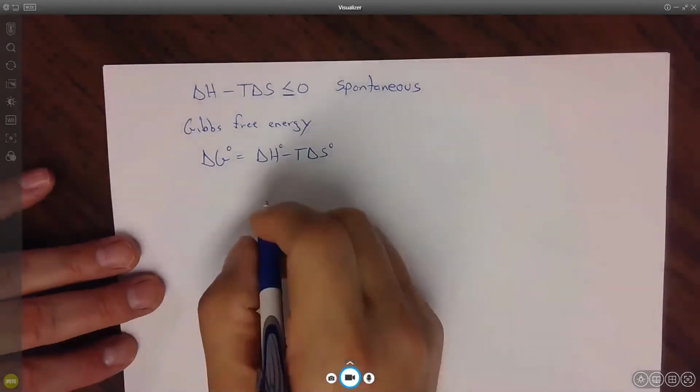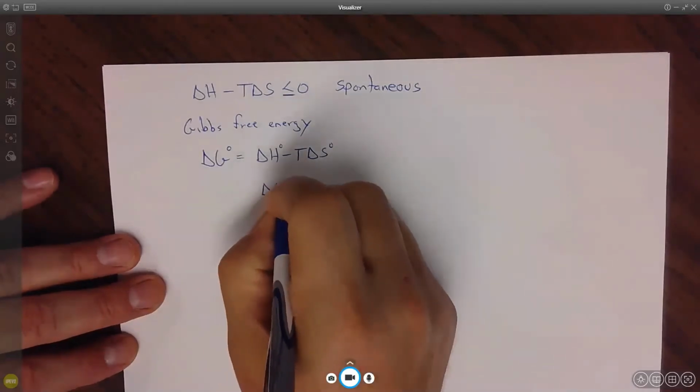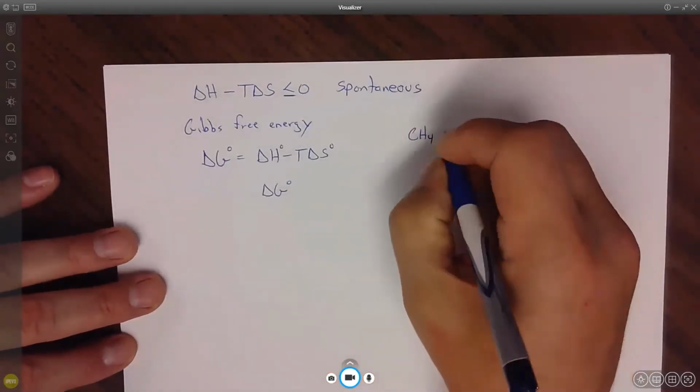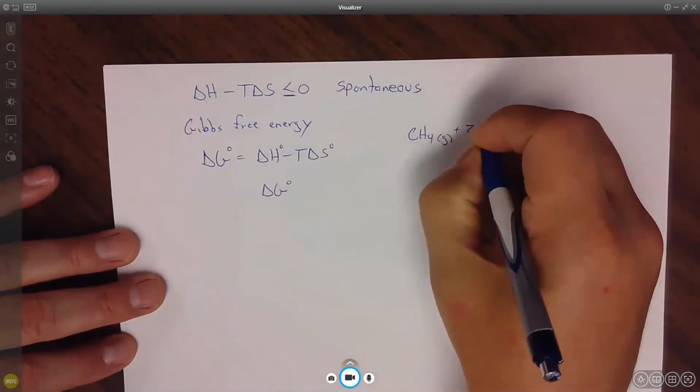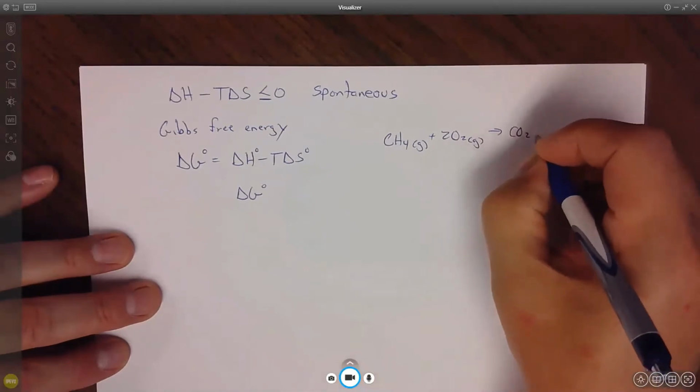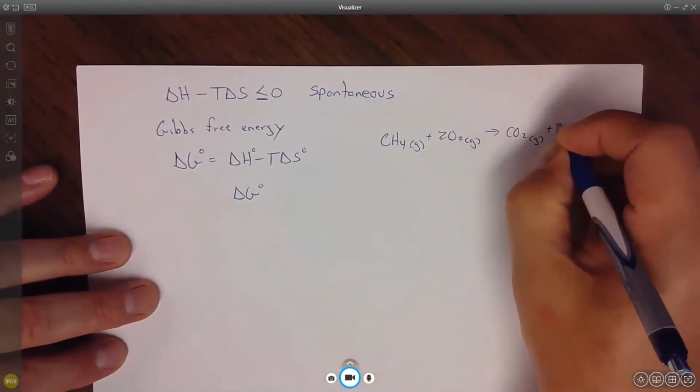So we could actually have calculated the del G for our reaction of methane reacting with oxygen, so the combustion of methane, to form carbon dioxide and water vapor.